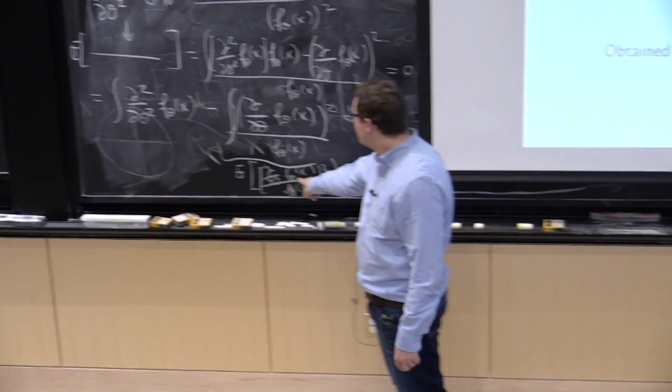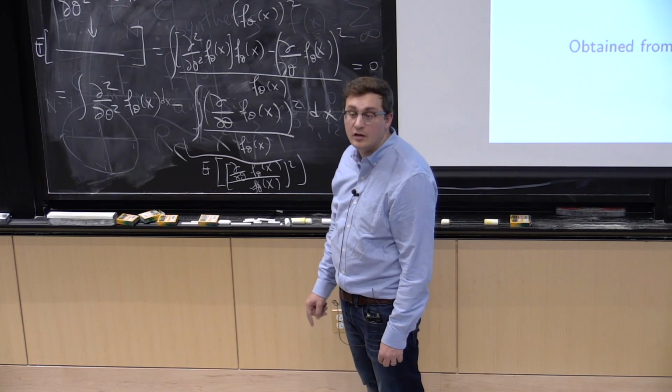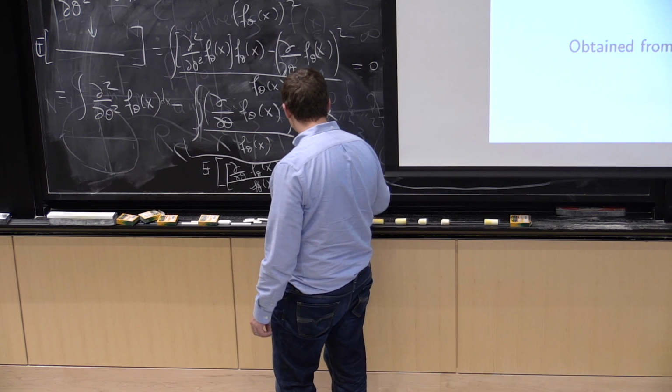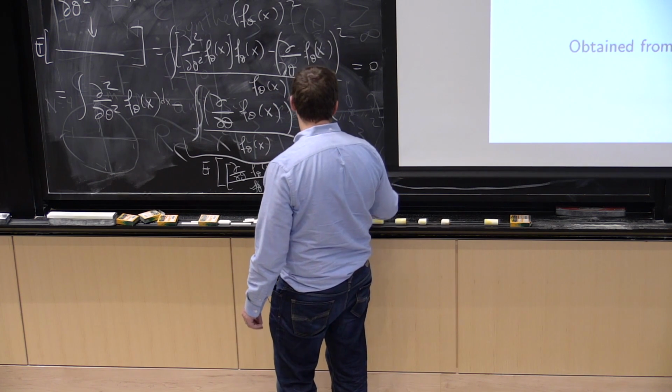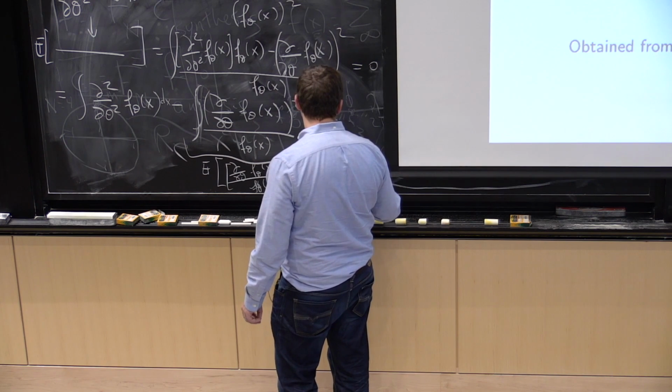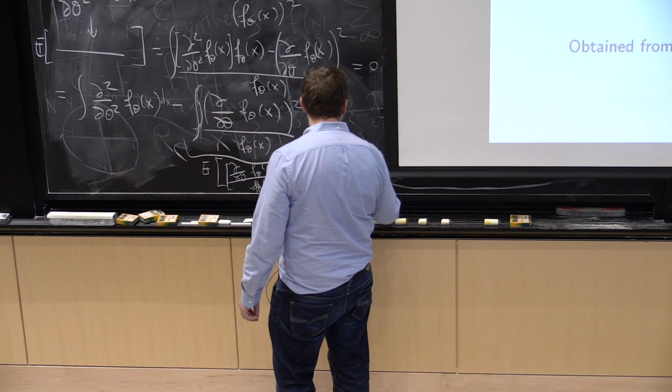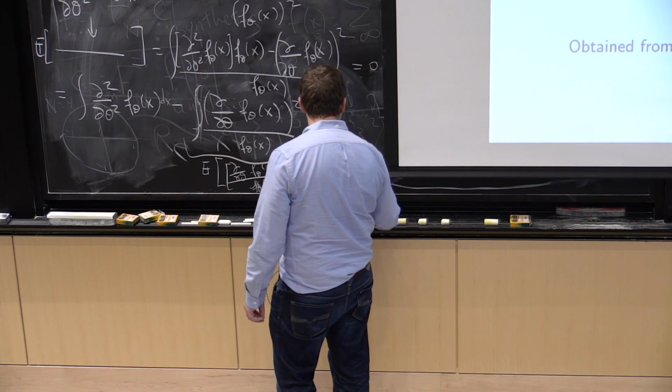And this is exactly the derivative of the log, right? So that's indeed, this thing is equal to the expectation with respect to theta of the partial of log of f theta divided by partial theta.